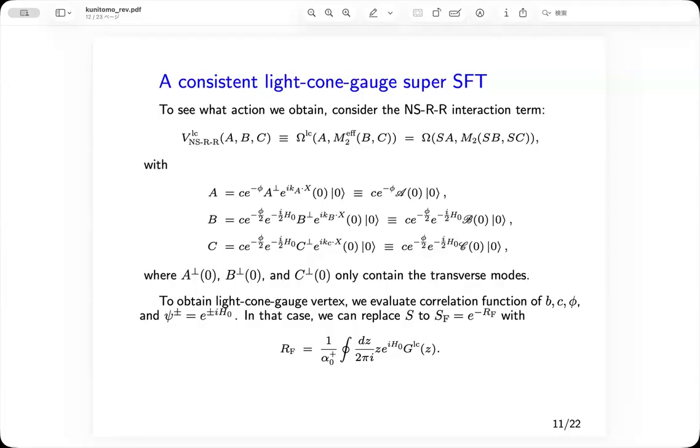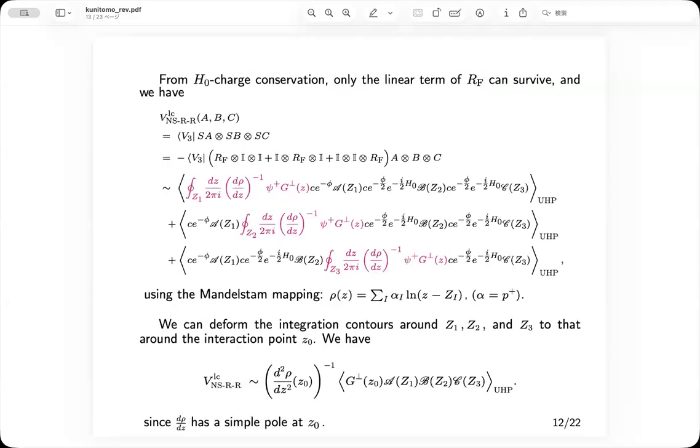So in the bosonic case the vertex is invariant under this transformation, but in the fermionic case some additional transformation remains. And we evaluate it, but from some H0 charge conservation, only the linear term of this R can survive. We can rewrite this by picking up only the linear term and evaluate it as a correlation function on the upper half plane.